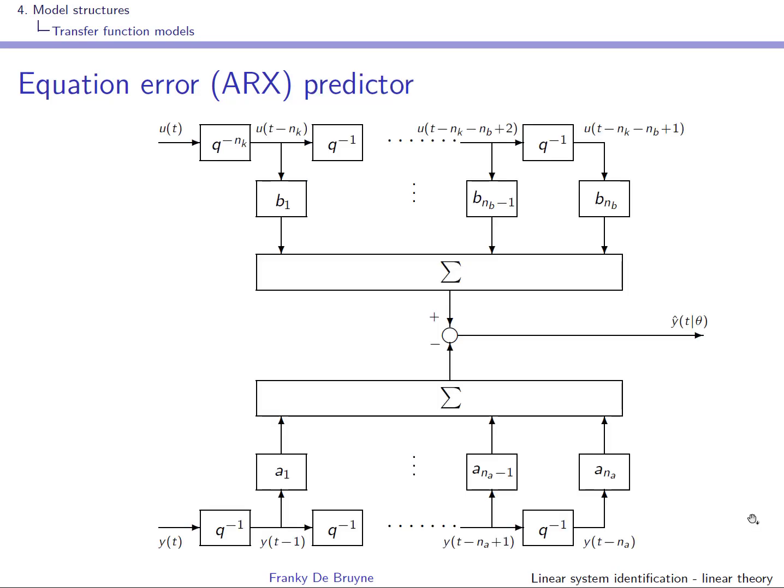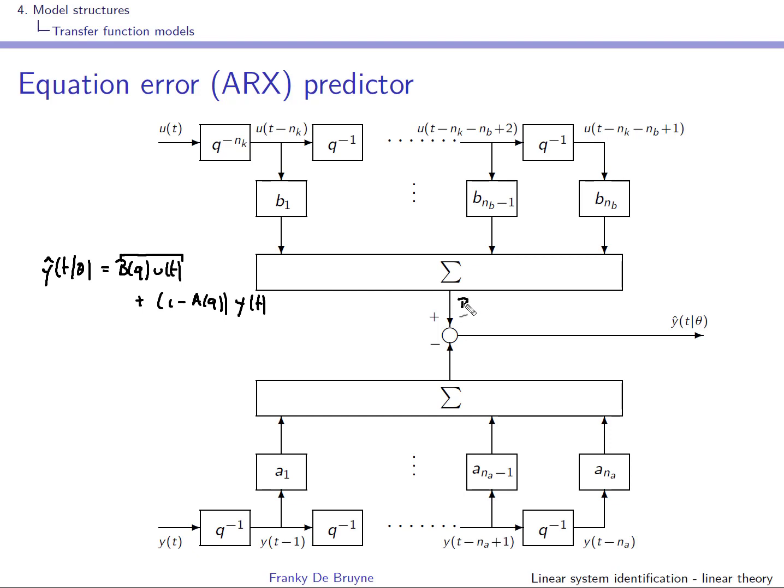So previously we had seen that the one step ahead prediction is really Bq u of t plus 1 minus Aq y of t, right? So what you see here on top, this part over here, you obtain it over here.